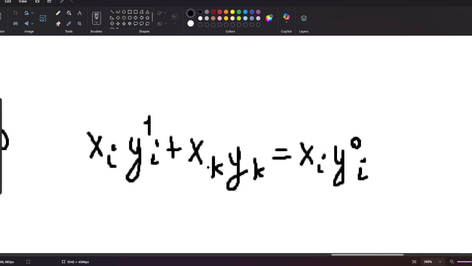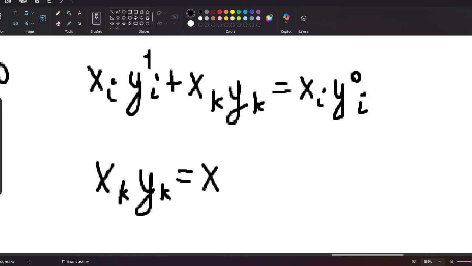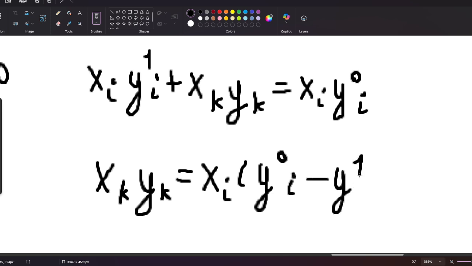Okay, now we'll transport this to the right side. xk yk equals xi times (y0i minus y1i).